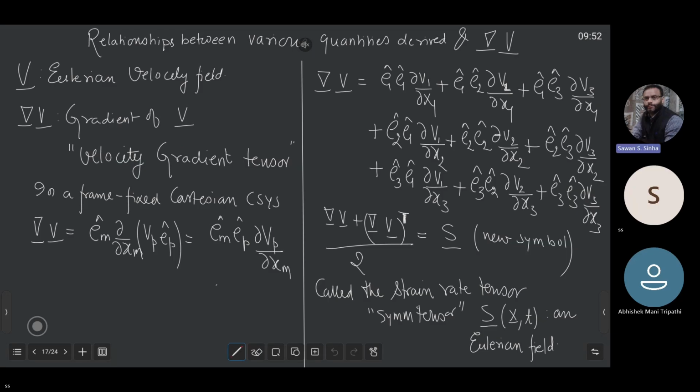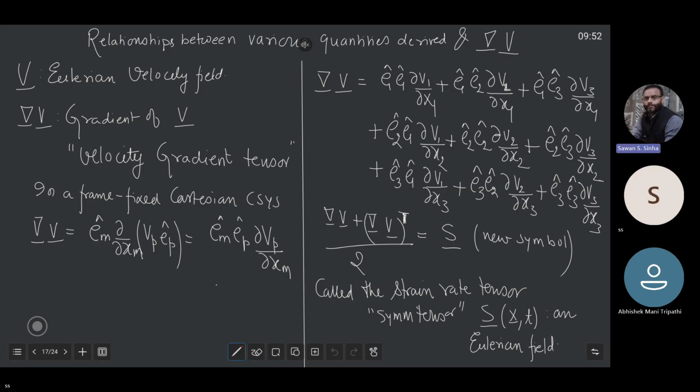Now all these expressions that we derived for those physically appealing quantities, various rates of change, you would have observed by now that all of them involved derivatives of velocity. Del v1, del x1, del v3, del x1, and so on. Everywhere there are derivatives.